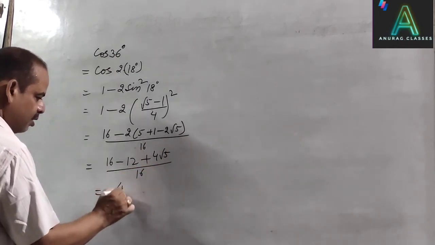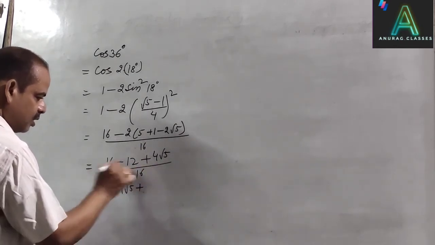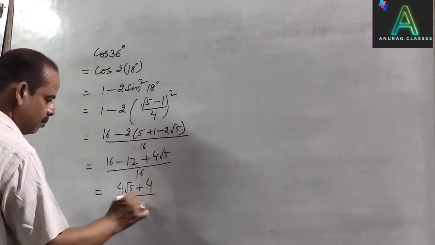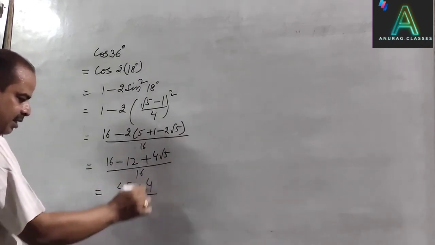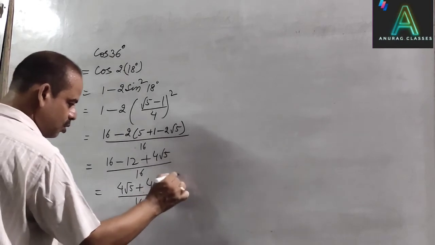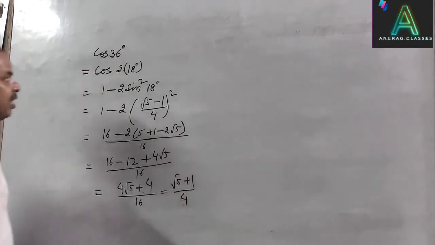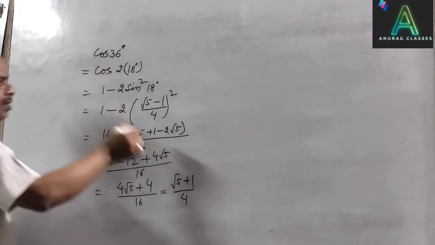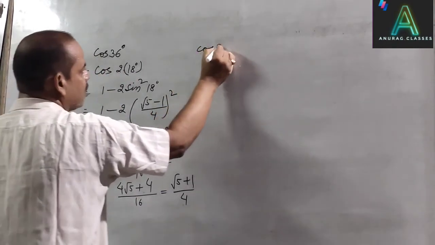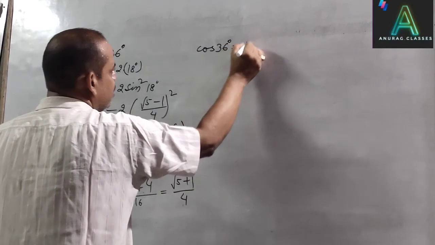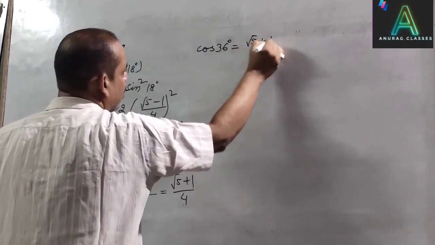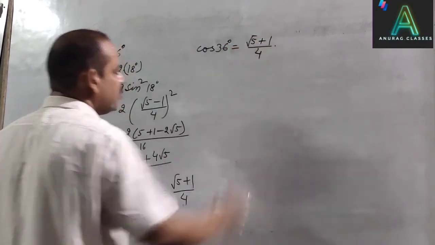It will be 4 root 5 plus 16 minus 12, that is 4, by 16. As you can see here, 4 is common, so it will be root 5 plus 1 by 4. So very easily we have concluded that the value of cos 36 degree is root 5 plus 1 by 4.